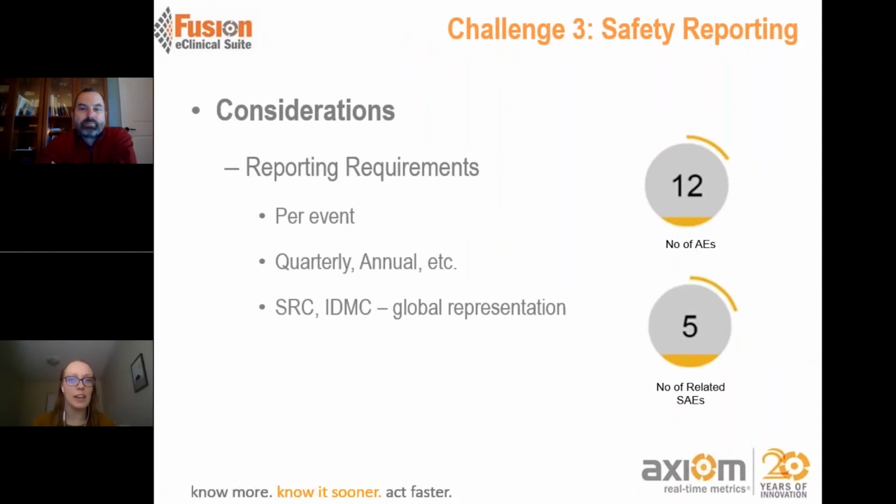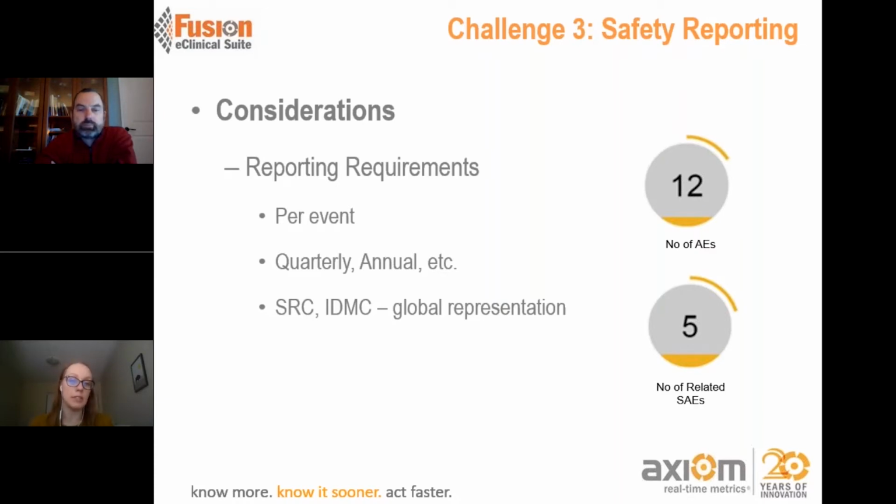So just looking at the considerations for safety. Reporting requirements is key. Looking at the requirements per event, which of course are specific to each region. Also looking at the frequency of other summary reports, so quarterly or annually.